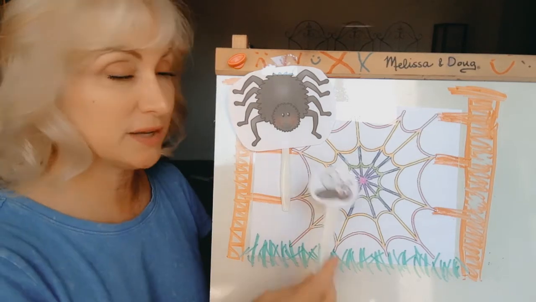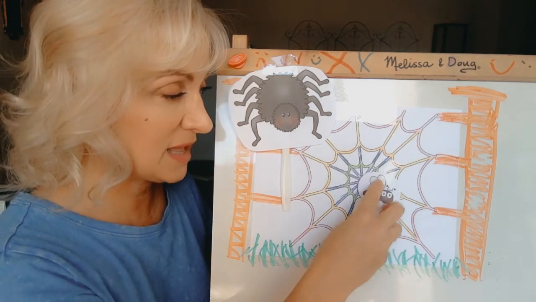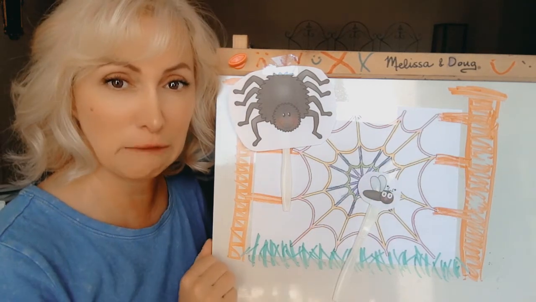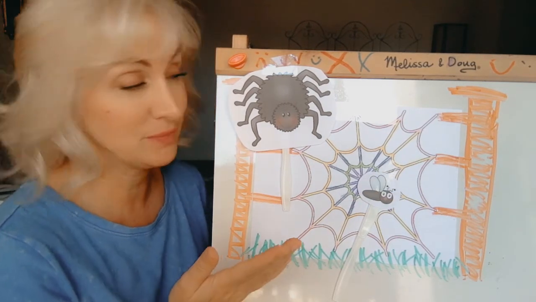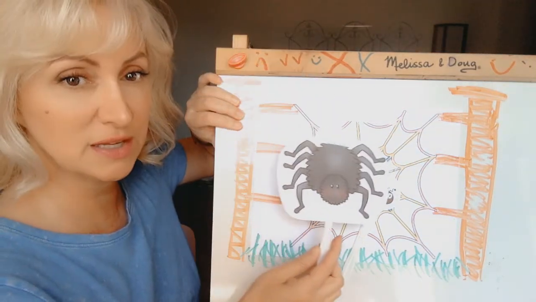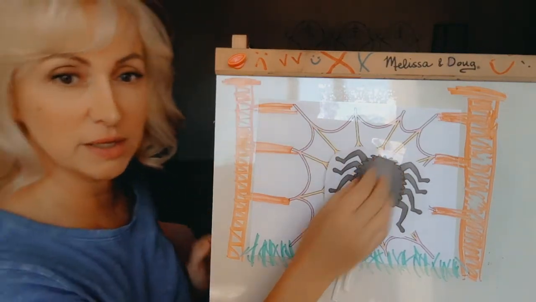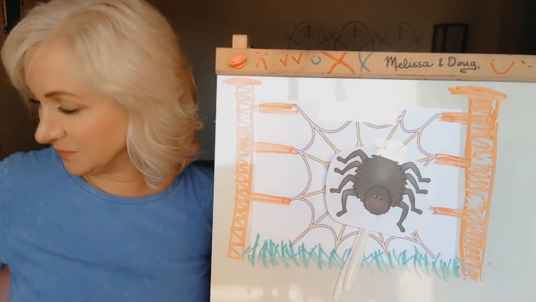But then along came that fly. Oh my gosh, and it got caught in the web, poor fly. But the spider's got to eat, right? And the spider moved in and ate that fly. Oh my goodness, poor fly, all gone.